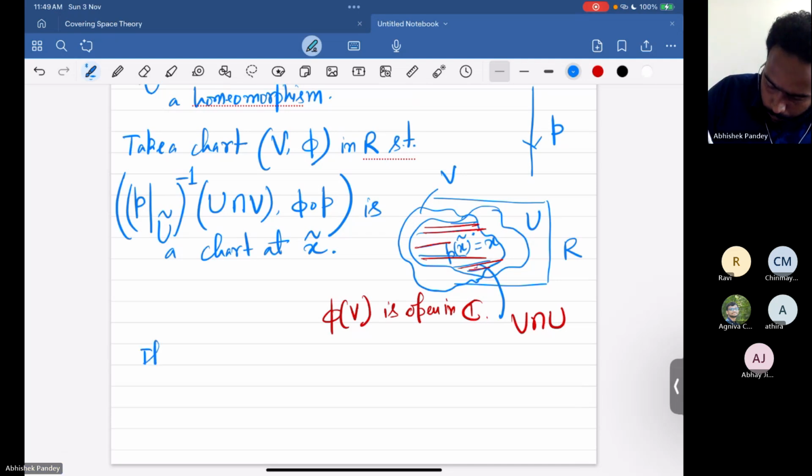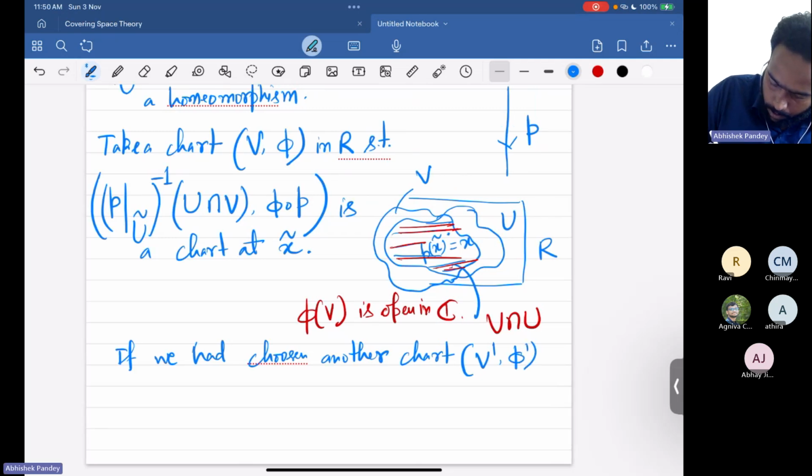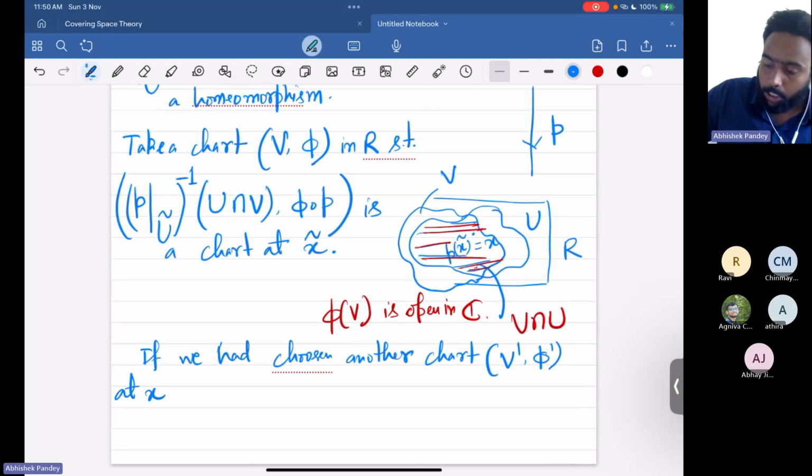If we take another chart, let us say V dash comma phi dash at x, just remember that up to this point, I have not used the complex structure of R.